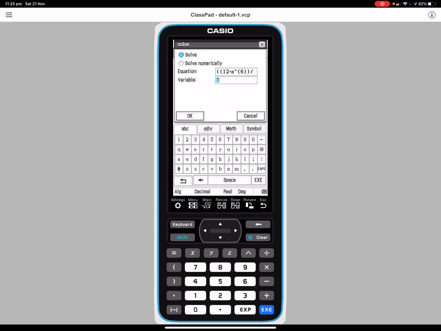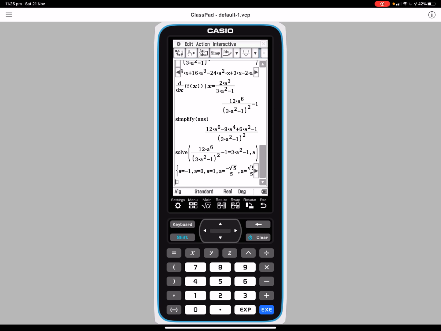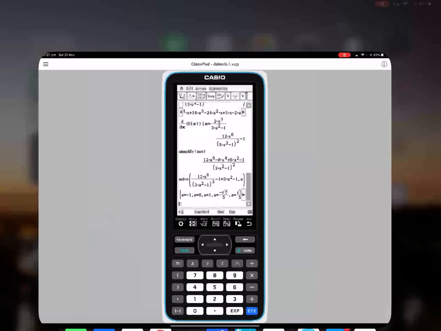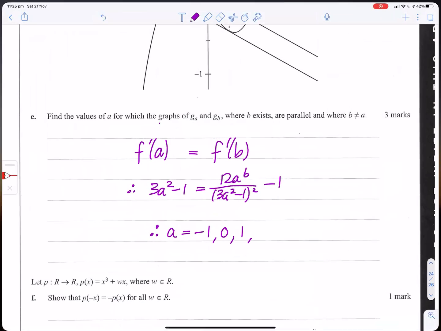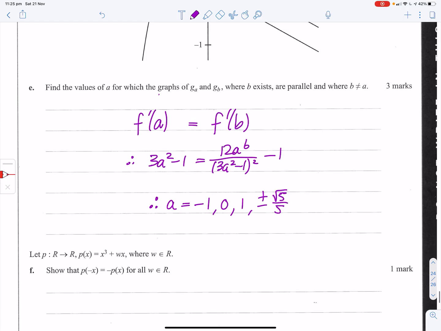Solve for A. A is -1, 0, 1, plus or minus root 5 on 5. Okay.